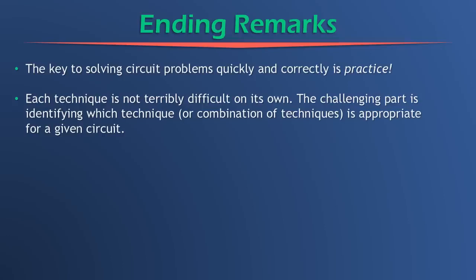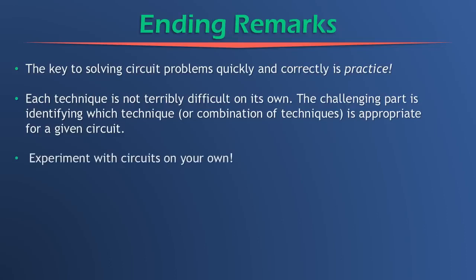So someone can ask you, solve for this current using this technique, and it'll probably be pretty easy because you're going to know exactly what you have to do. But if someone just says solve for this current and they don't tell you what technique to use, that's where the challenge lies. And it's really important to be able to identify which technique makes the most sense.